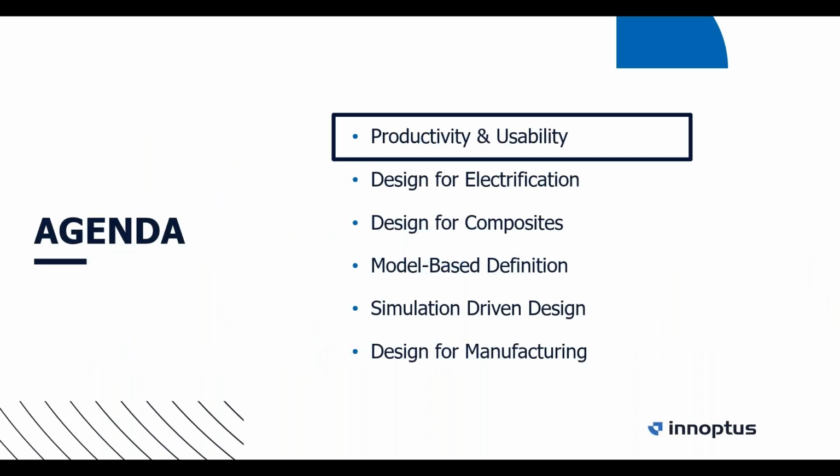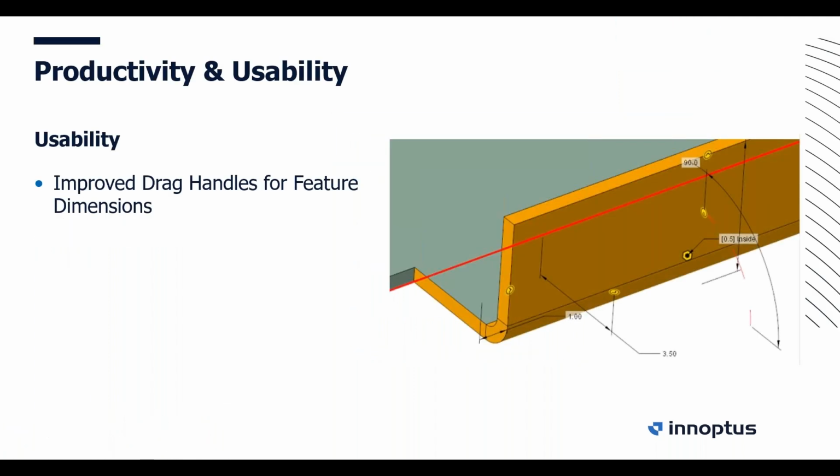Like Ine said in the agenda, let's have a look at the productivity and usability, what we have new in there as well. First of all, the drag handles are a little bit changed. You'll see the yellow icons, which also give you a direction, and they are also oriented in the direction where you can move. So it gives you an indication.